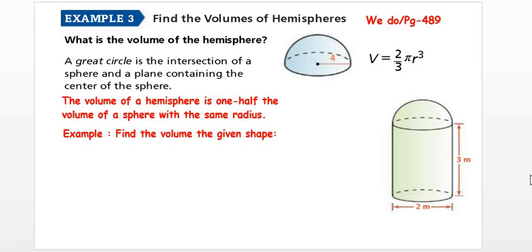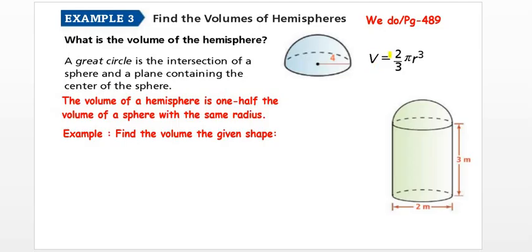So here is something, it says find the volume of the hemisphere. Now what is a hemisphere? A hemisphere is actually a half sphere, or like if you have a ball, then it is a half ball. To find the volume of any hemisphere, there are 2 ways.